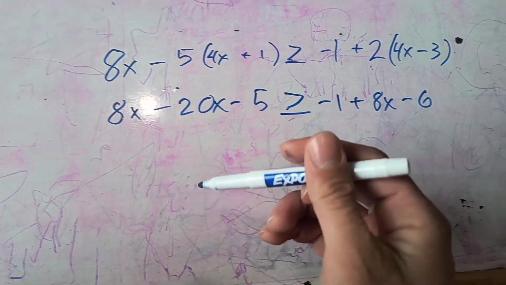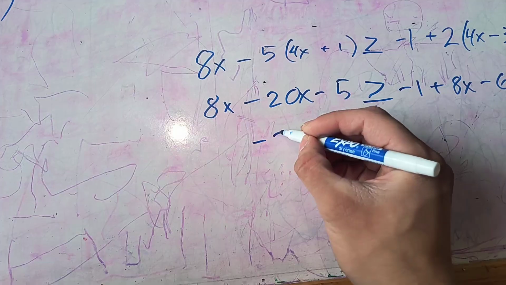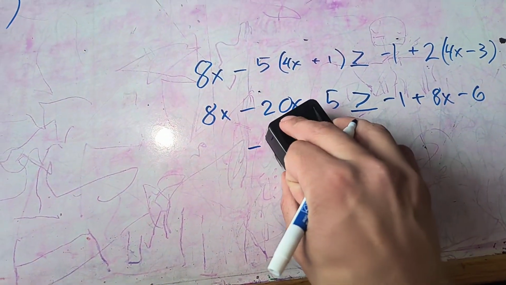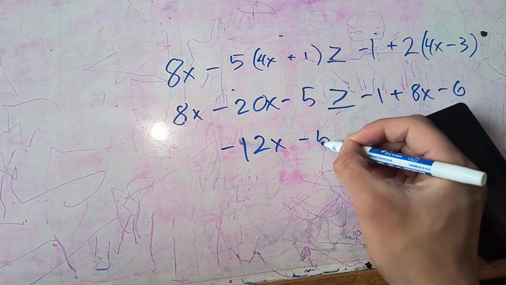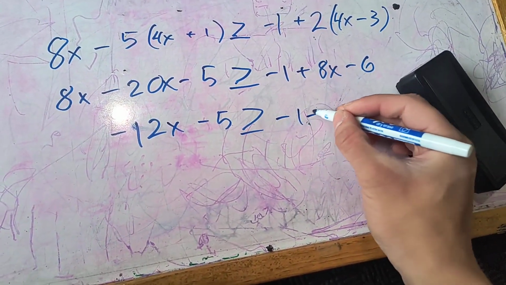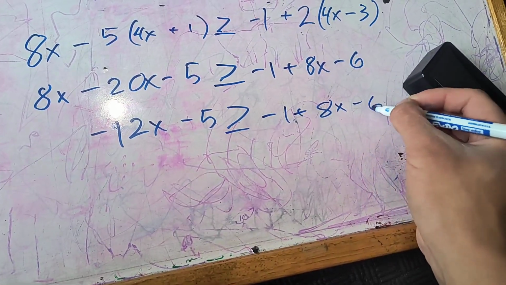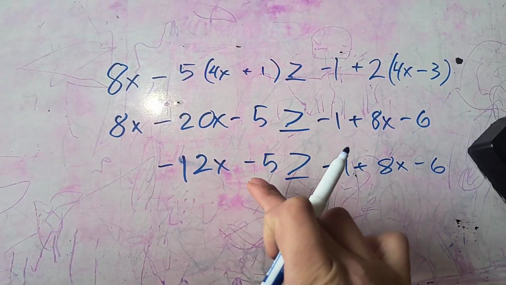minus 6. Okay, well, now let's combine like terms. This like term becomes negative 12x minus 5 is greater than or equal to negative 1 plus 8x minus 6. And then let's remove this 5 from this side.